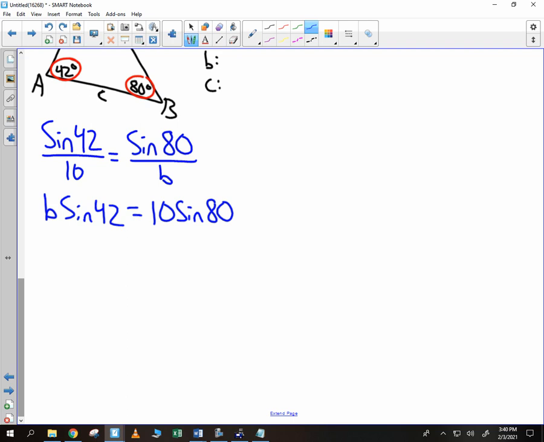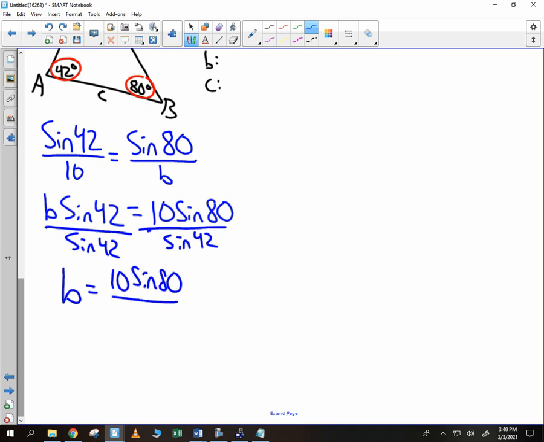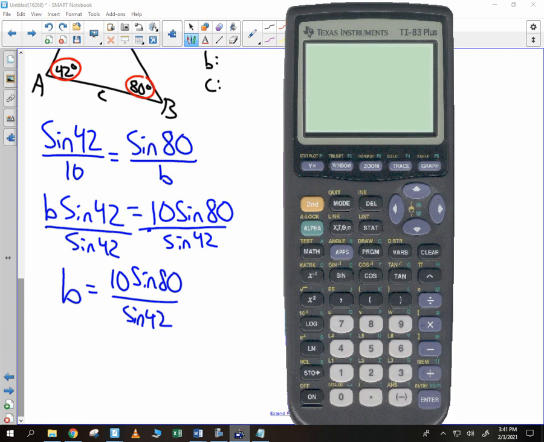So I'm going to divide both sides by sine of 42. I get B is equal to 10 sine of 80 divided by the sine of 42. And so I take out my calculator, turn it on, and I've got 10 sine of 80, close your parenthesis, divided by the sine of parenthesis 42. And we get 14.72.